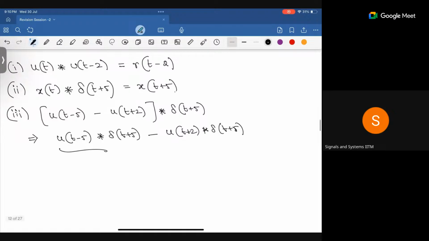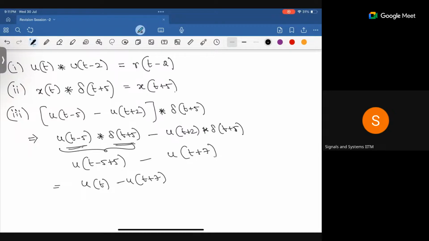Then you use the properties. So u of t minus 5 convolved with delta of t plus 5 will just give us u of t minus 5 plus 5. Anything convolved with delta of t, I just get back the same signal. Using the same property, 2 plus 5 becomes 7. And this will be u of t minus u of t plus 7.